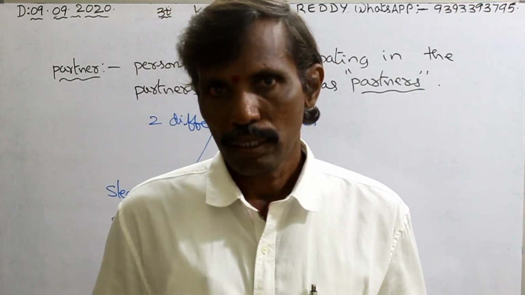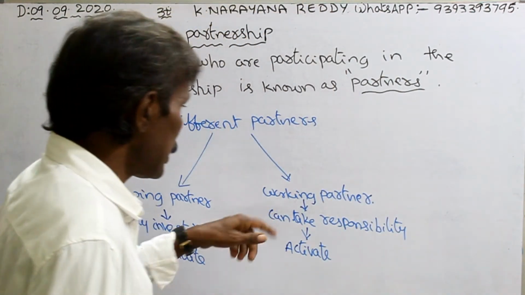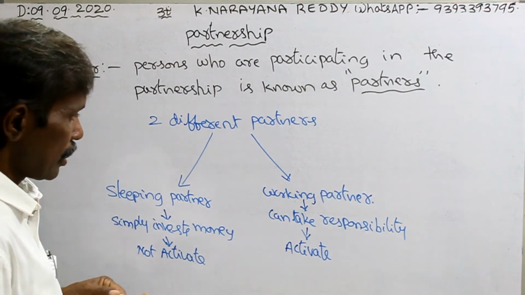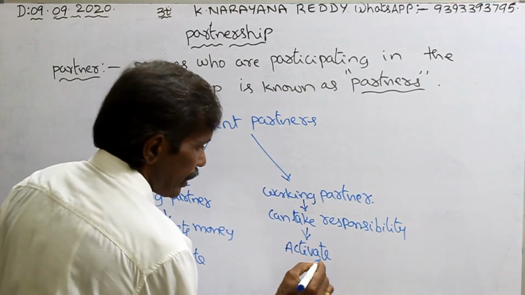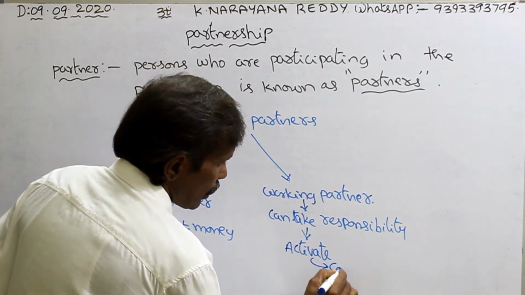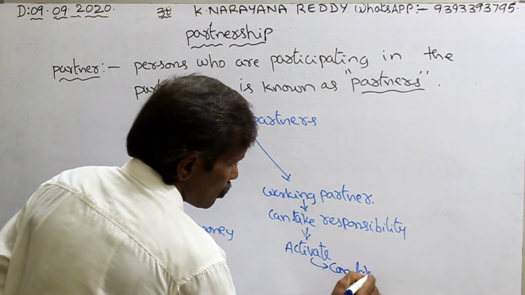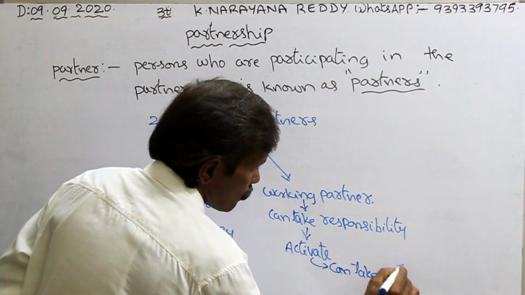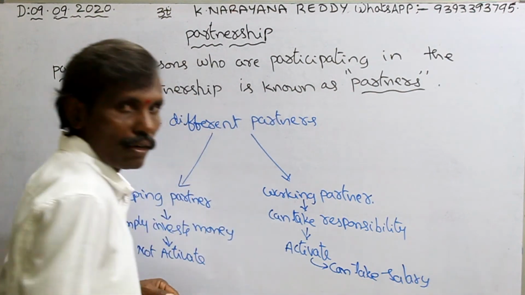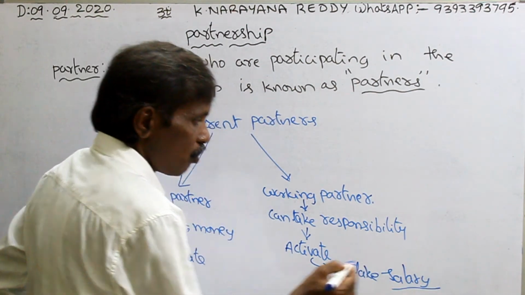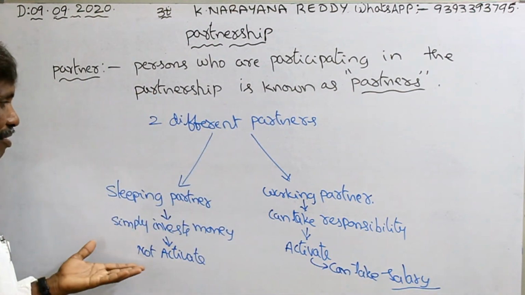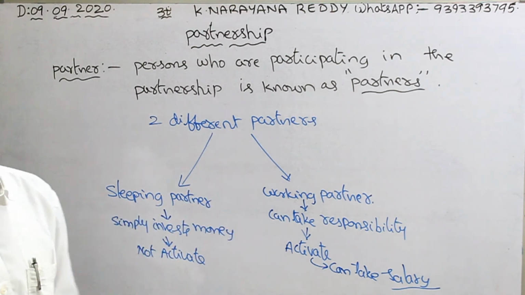This person can take salary. A working partner can take salary, a sleeping partner can't take any salary. That is the difference between these two persons.